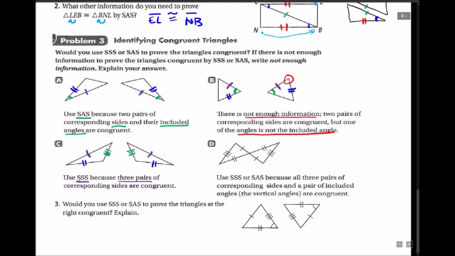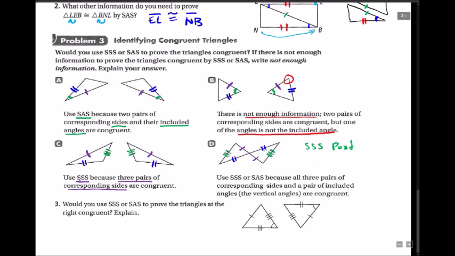We have three pairs of corresponding sides that are congruent. So side, side, side postulate. What about this one over here? Well, I see a side and a side, and another side and another side, and a third side and a third side. So we could use SSS postulate.